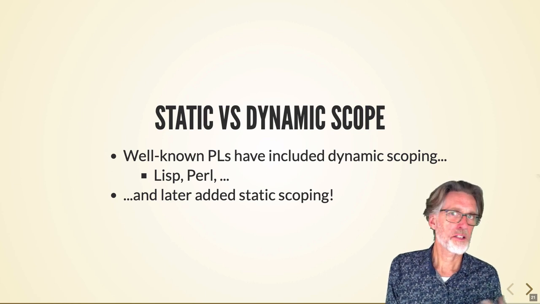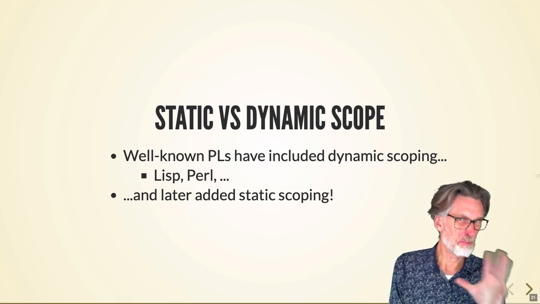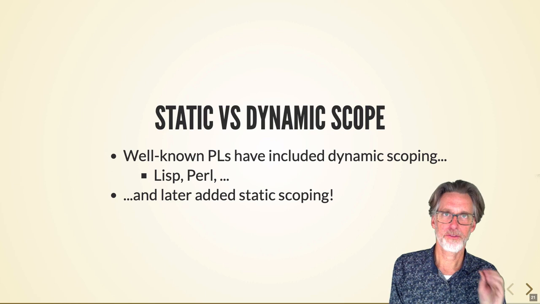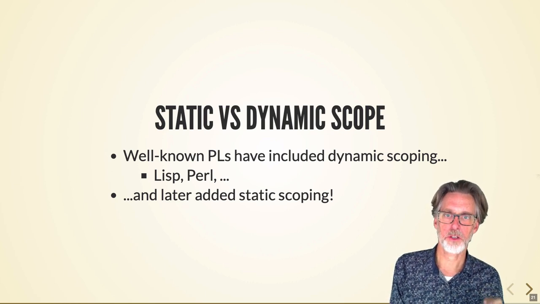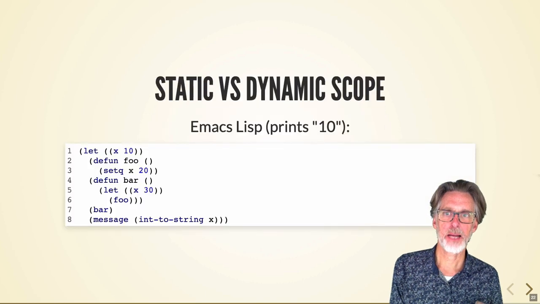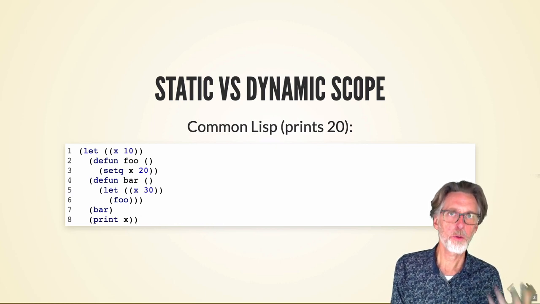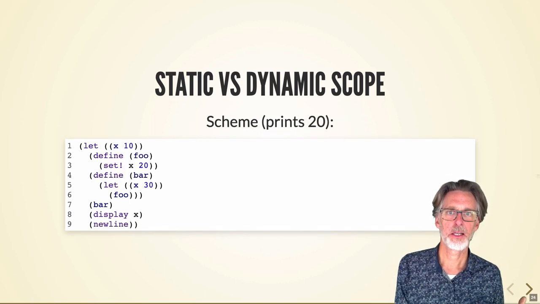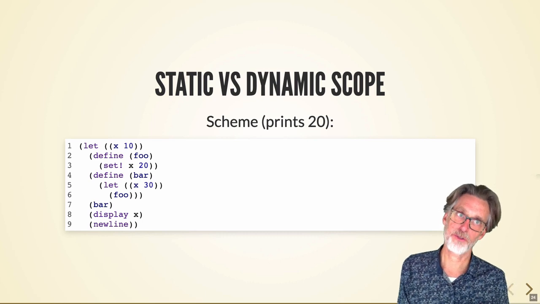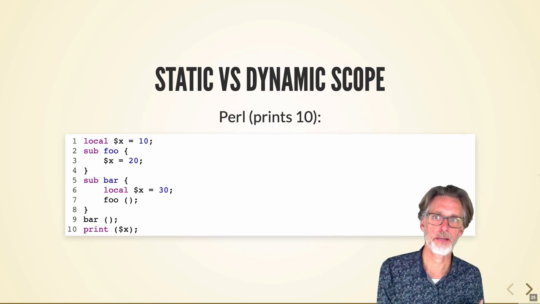Dynamic scoping is often thought of as kind of a bug. Many languages have started off doing dynamic scoping and then later added static scoping. That happened in Lisp. Old versions of Lisp will print 10 for this code, whereas newer versions will print 20. Scheme is a fixed version and therefore does print 20.